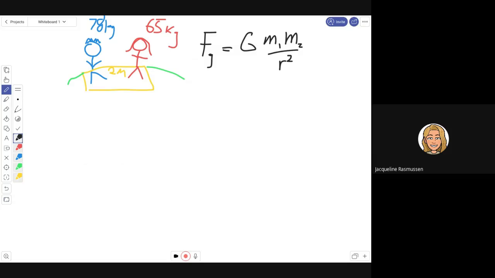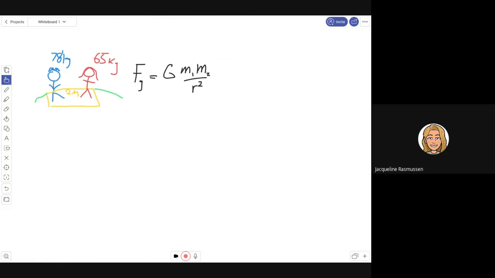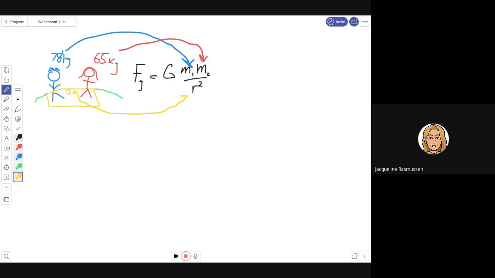Our guy here can be M1. I'm going to move them down a little bit so we can draw some arrows. He can be M1. We will make her M2. This 2 meters is going to be our R. And then G is a constant number. It's always the same no matter what the circumstances are.